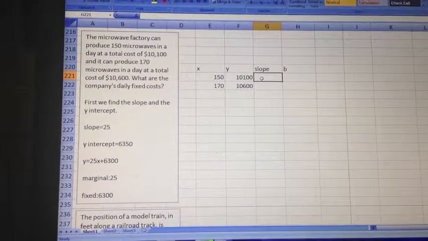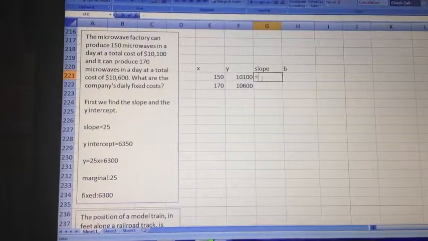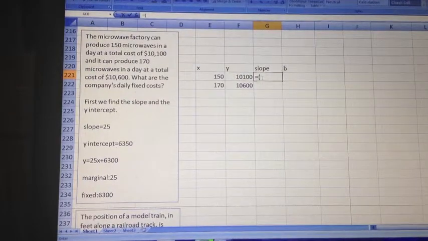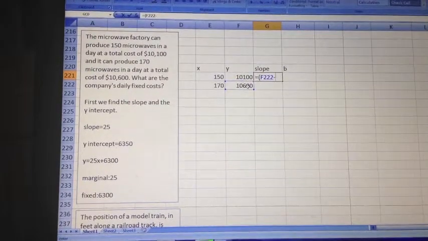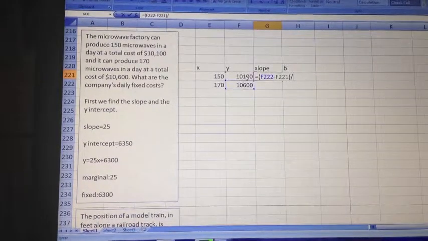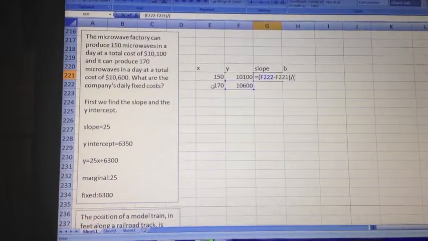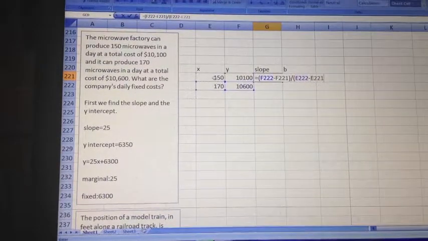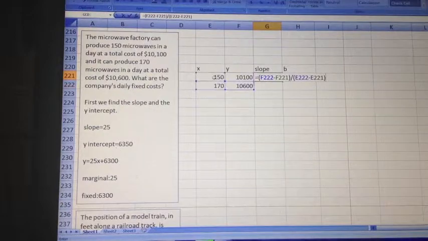So we're going to put that in right here. We're going to do equal sign, open parentheses, y2 minus y1, close parentheses, divided by open parentheses, x2 minus x1, close parentheses, enter.